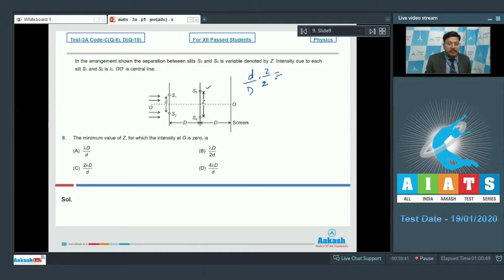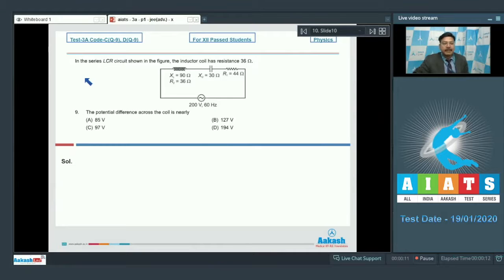Now since we are talking about the minimum value of Z, then that odd multiple of lambda by 2 is simply lambda by 2, and if we solve, then the value of Z comes out to be equal to capital D lambda by small d, which is matching with option A for question 8. So option A would be taken as correct for question 8. Let's go to the next question now.